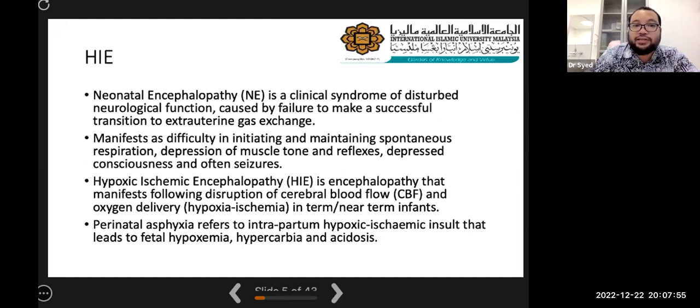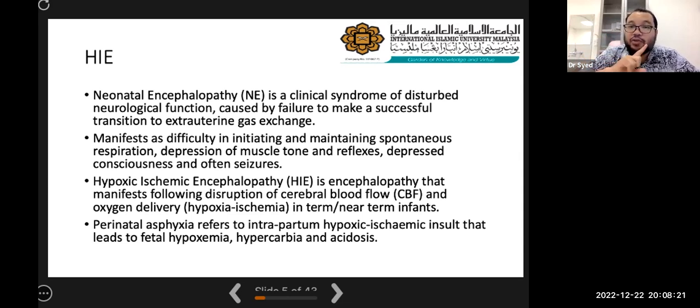It may manifest with difficulty in spontaneous breathing, depressed muscle tone, hypotonia, poor muscle tone, and poor reflexes. They have no Moro reflex, no sucking reflex and so on. They may have a depressed or altered conscious level, and sometimes can result in seizure. So this is neonatal encephalopathy.